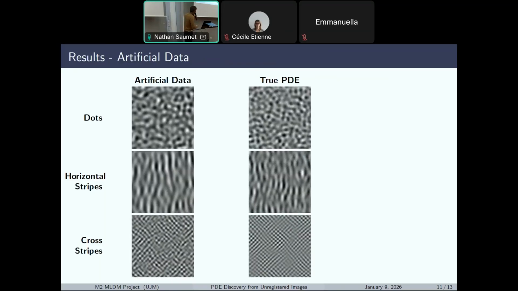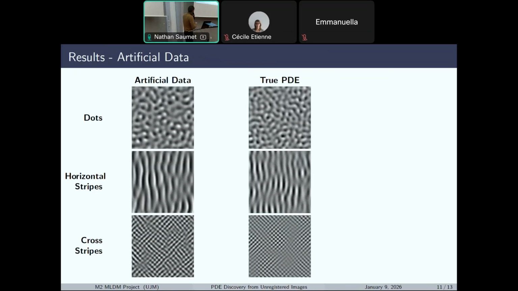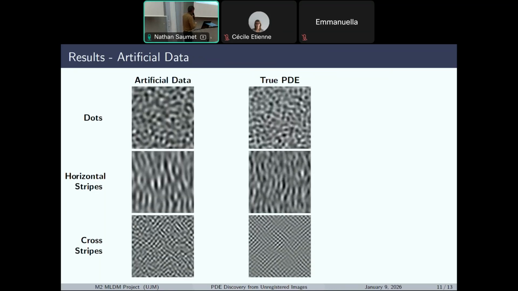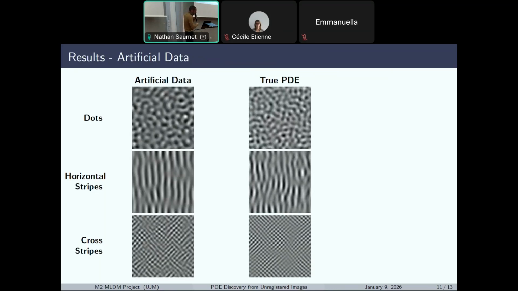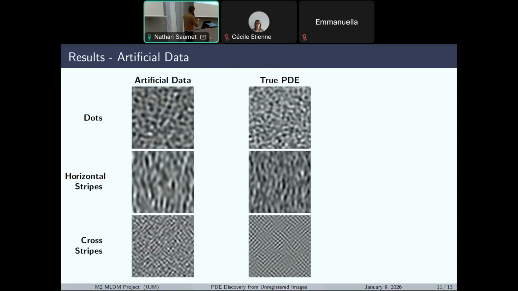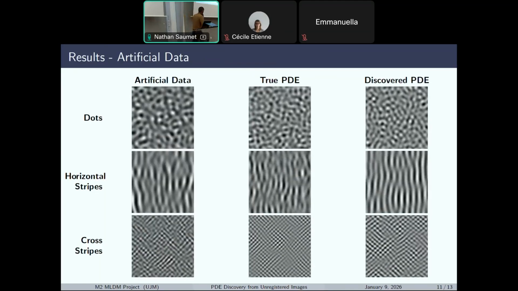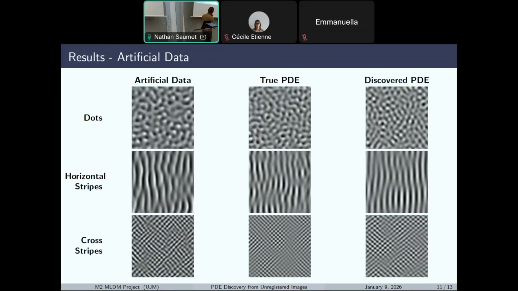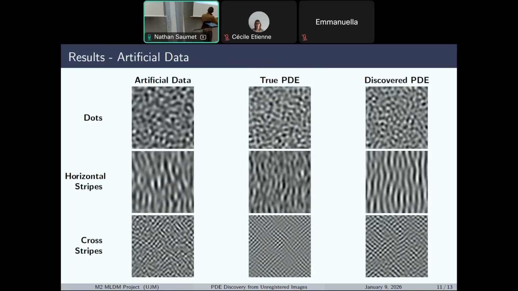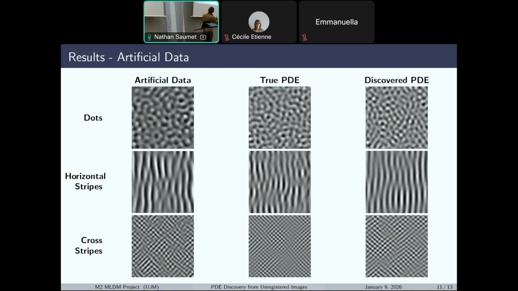In the middle, now you can see the results when considering the evolution of the patterns at one specific location, so registered images. And now on the right, you can see the results of our method after being applied to artificial data that were unregistered.